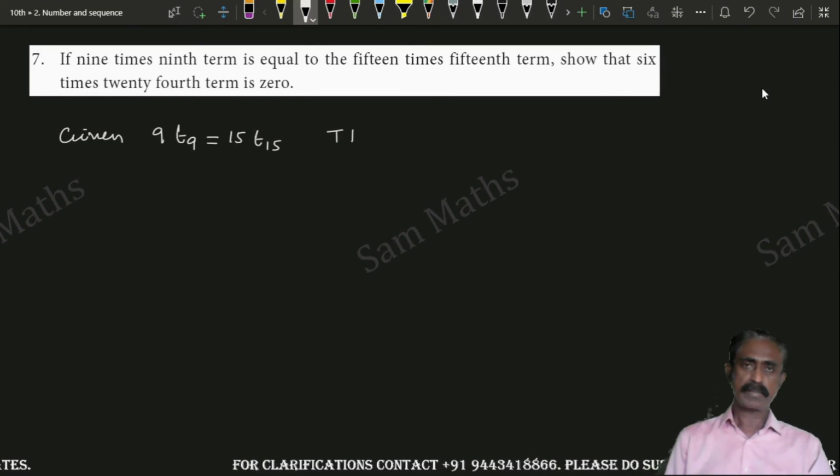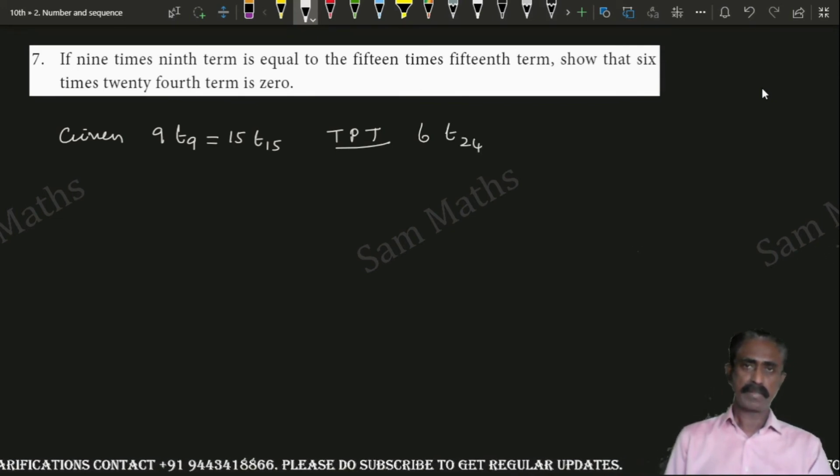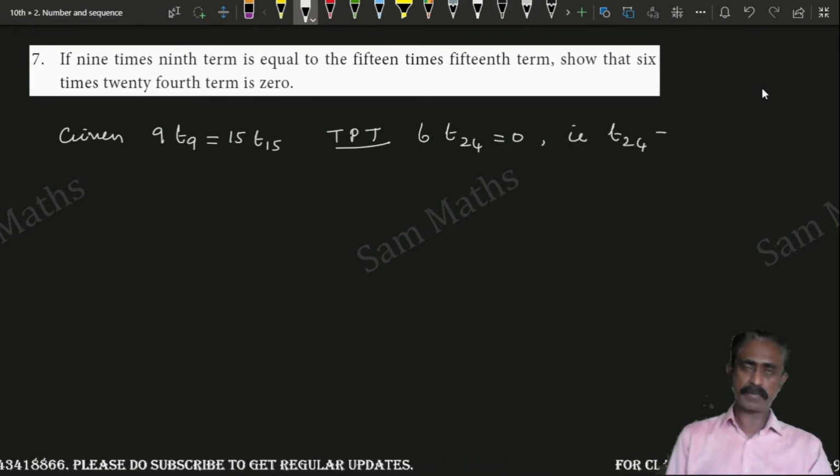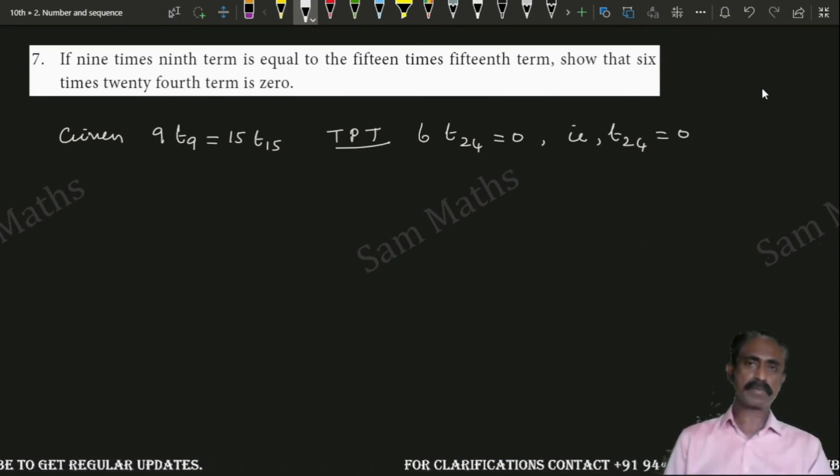To prove that 6 times of the 24th term equal to 0, that is T24 is equal to 0. Clear, children? 6 times of T24 means T24 is equal to 0 by 6, that is also 0.